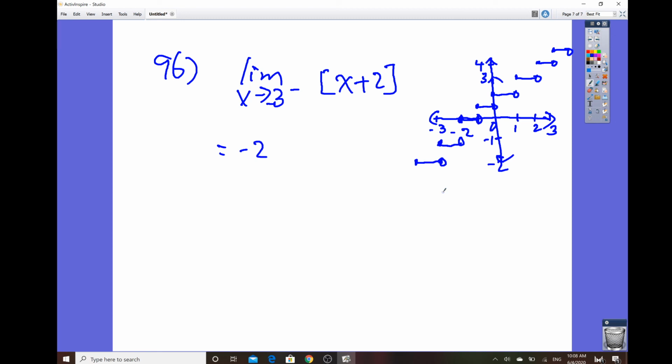Okay, so let's think about it this way. Negative 3 from the left, that means we're using negative 3.0001 plus 2. So the value for this one will be negative 1.0001.